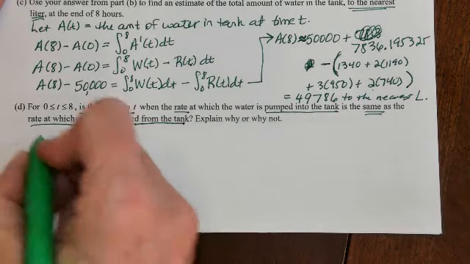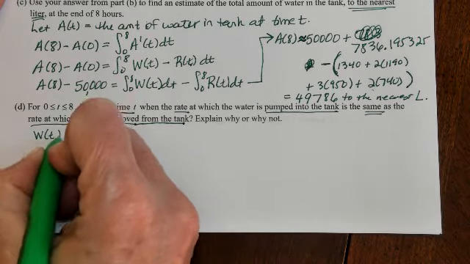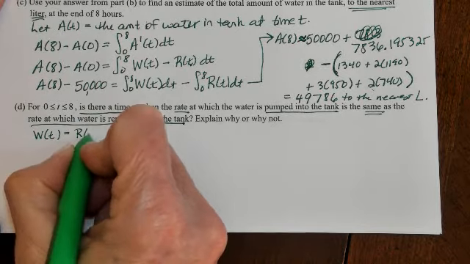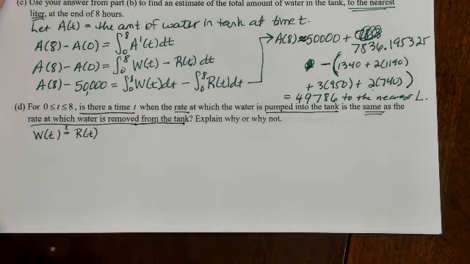Well, rate in for us is W of t. Rate out is R of t. And we're asked, can that happen? Is there a time when that happens between 0 and 8?